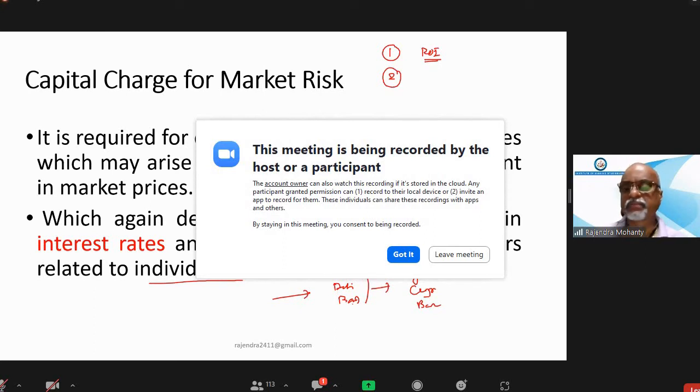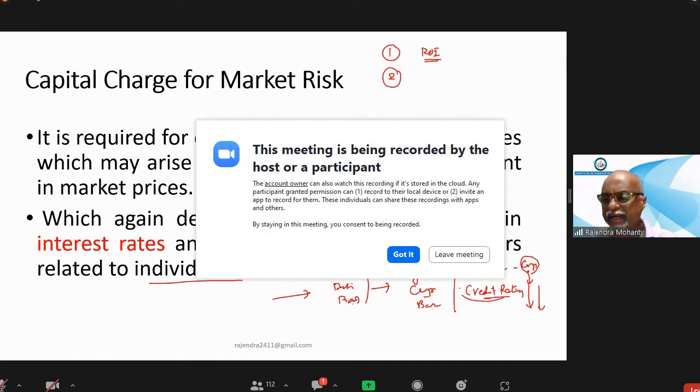It is possible that a corporate issuer's credit rating has fallen considerably during the year.